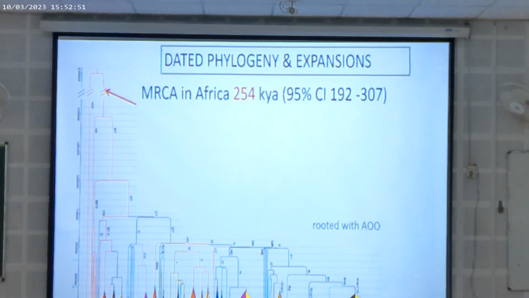So red here denotes Africa, and somehow the color code has gone missing from this slide. The other regions are also colored by their prevalence.